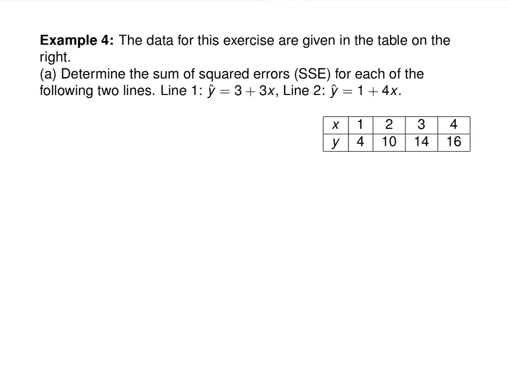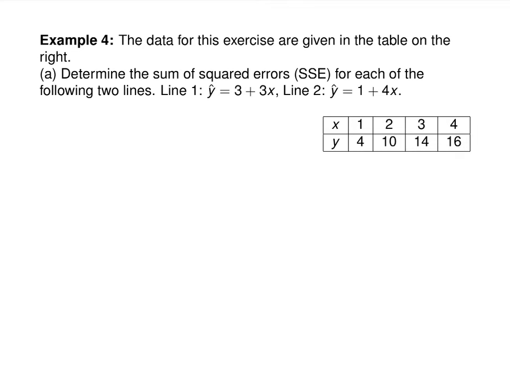So the data for this exercise are given in the table on the right. We are going to find the sum of squared errors for each of the following two lines. Line 1 is y hat equals 3 plus 3x, and line 2 is y hat equals 1 plus 4x. The question is which line is a better fit according to that least squares estimation criterion.